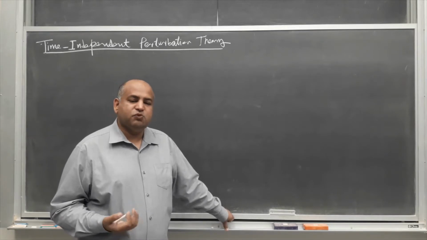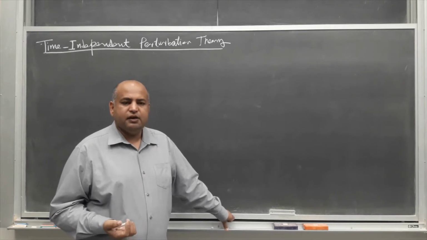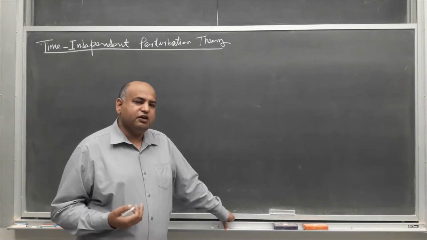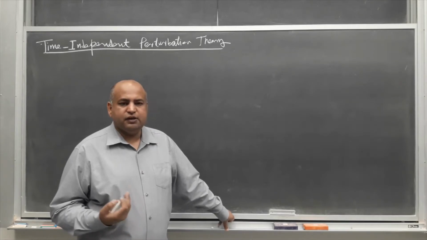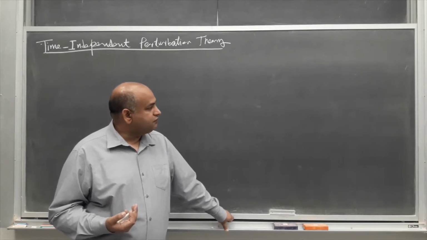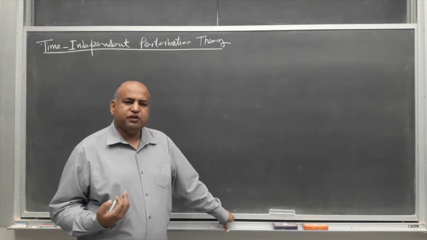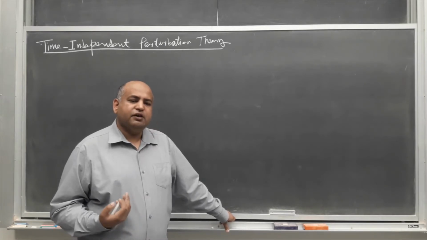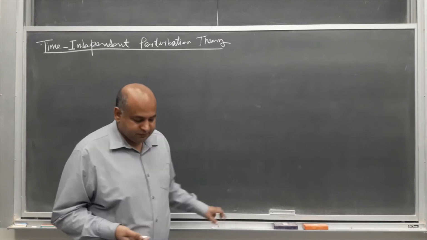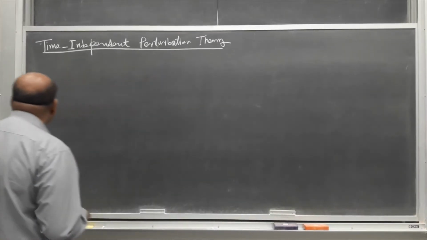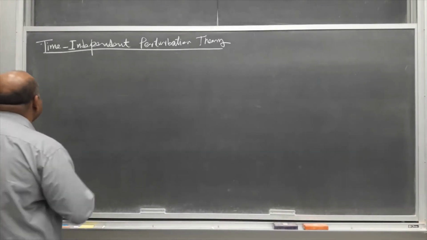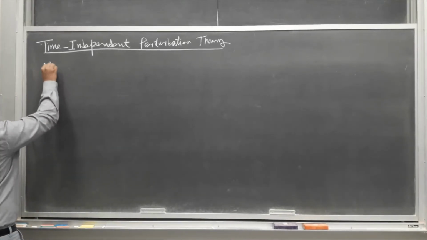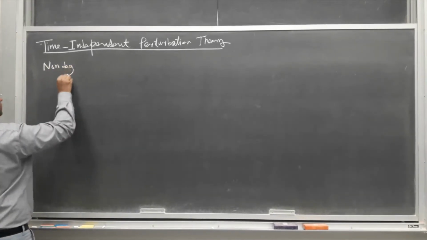Actually, it's much more common in practical problems than the non-degenerate case. So I will derive the expressions for energy corrections both for the degenerate and for the non-degenerate case. So let's begin with the non-degenerate case, which is simpler to handle.